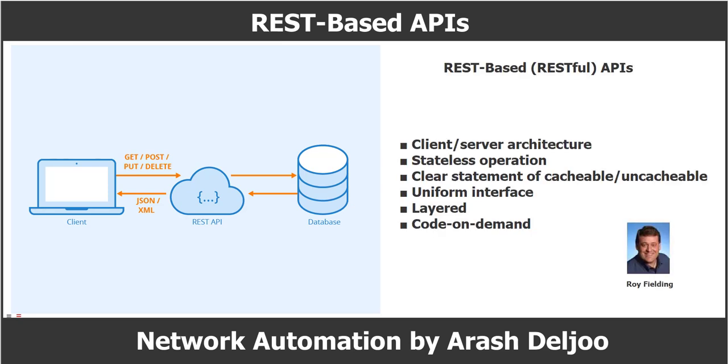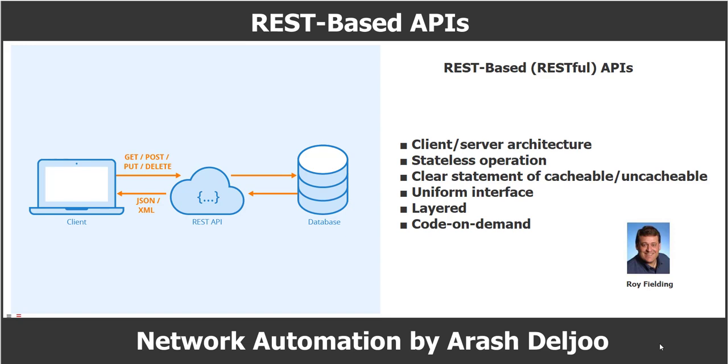About REST-based or RESTful APIs, we can say a REST API follows a set of foundational rules about what makes a REST API and what does not. First, from a literal perspective, REST APIs include the 6 attributes defined a few decades back by its creator, Roy Fielding.